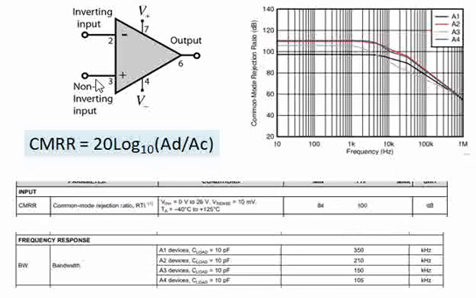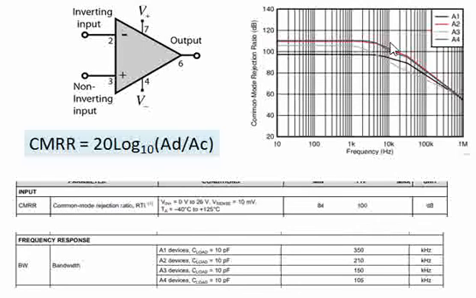Now if you go back to academics, you might have studied that for an ideal op-amp, common mode rejection is infinite. That means the differential gain should be very high, and the common mode gain, which is the gain applied to the common mode signals, is very low. The CMRR is generally mentioned in data sheets in dB.